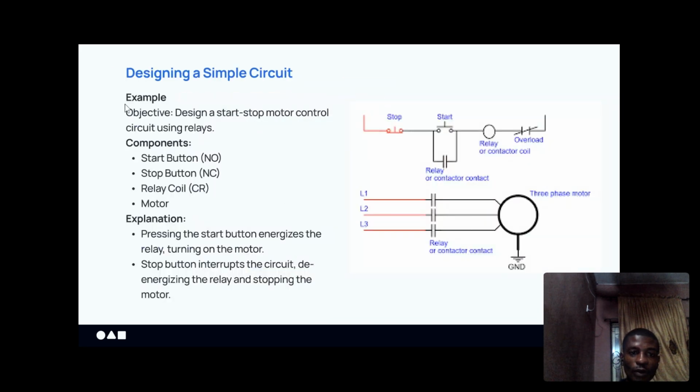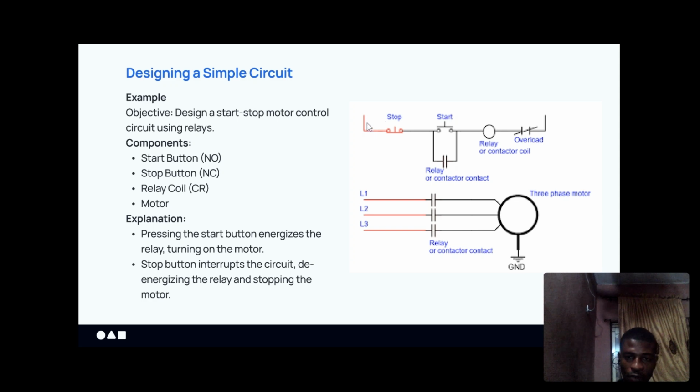So going forward, we have designing a simple circuit. An example of designing a simple circuit is start-stop motor control using relays.